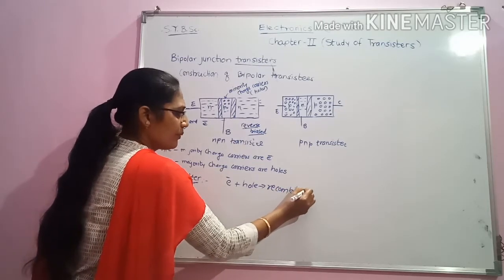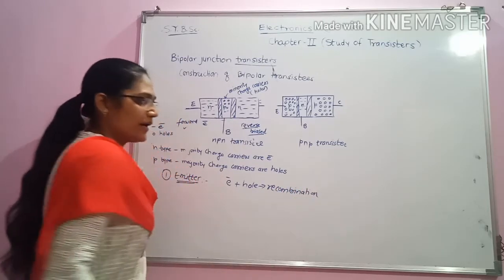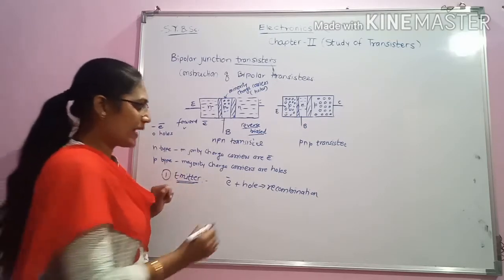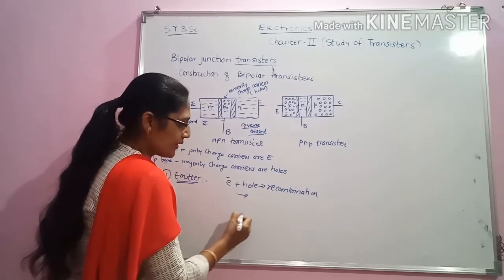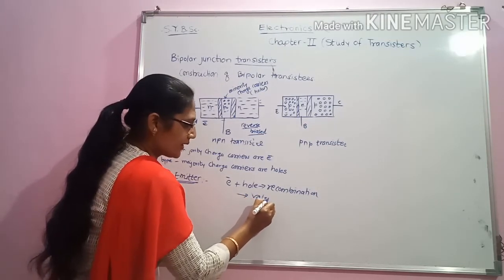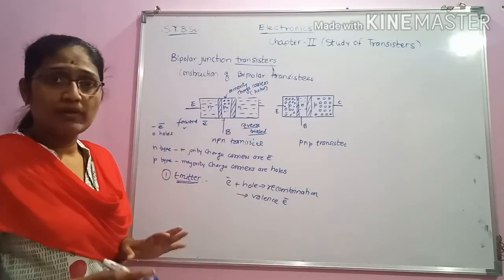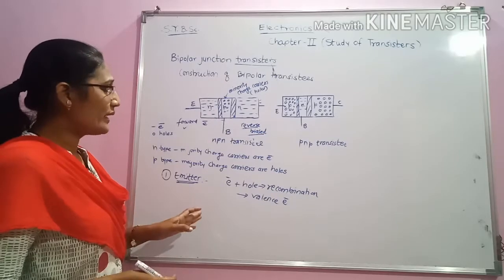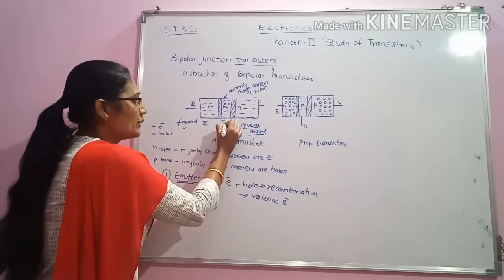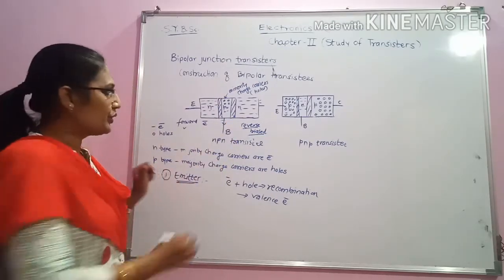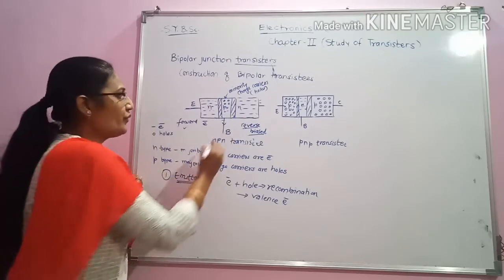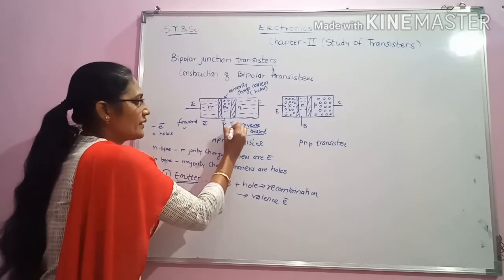Recombination takes place, and because of that there will be generation of valence electrons, and these valence electrons will start to migrate through the base, and it will give rise to base current.